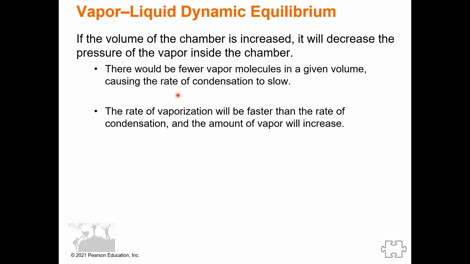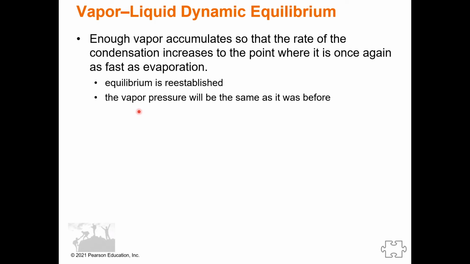The rate of condensation is going to slow down, and the rate of vaporization is going to go up, so that more vapor molecules will be created, and in doing so, the vapor pressure inside the chamber will rise up to what it was before. Once we have the vapor pressure from before, then the rate of condensation will increase, the rate of vaporization would decrease, so that we're now back at dynamic equilibrium.